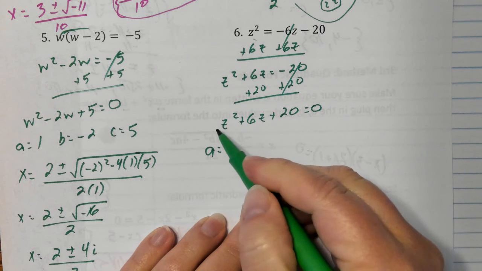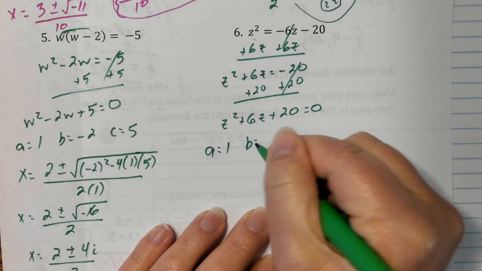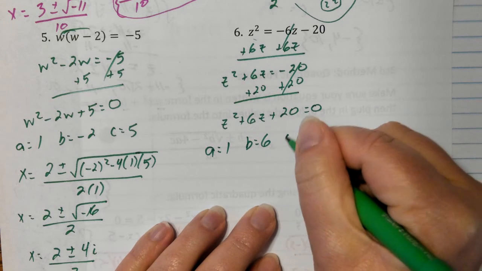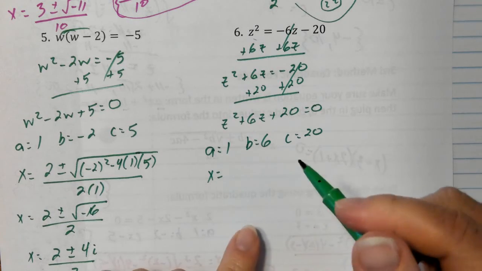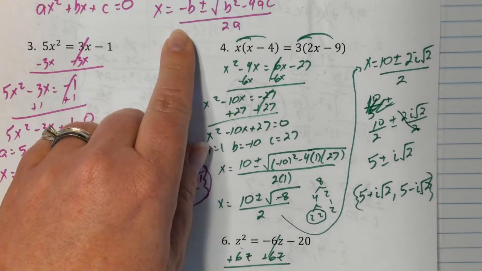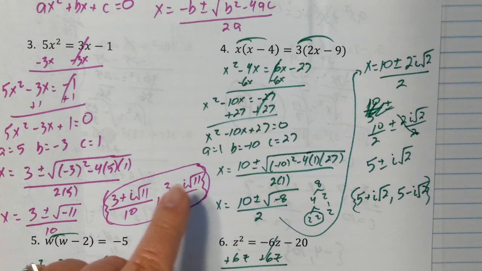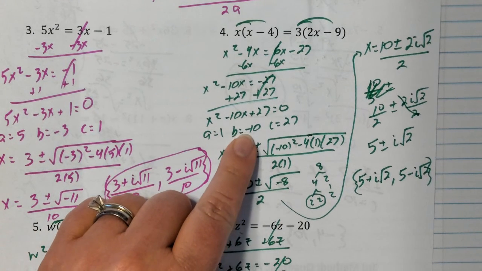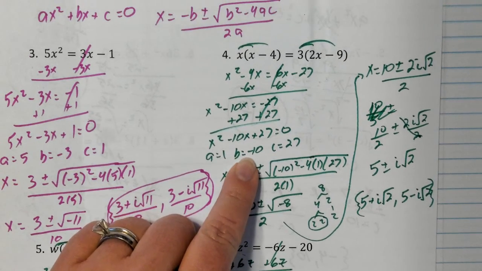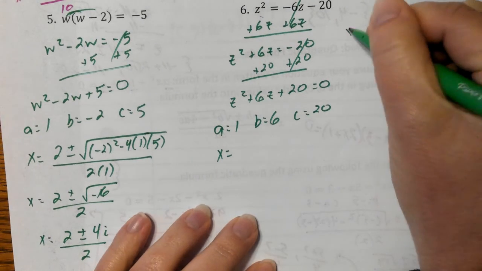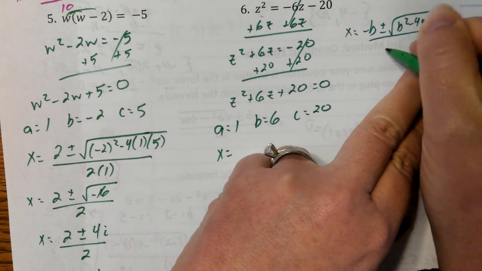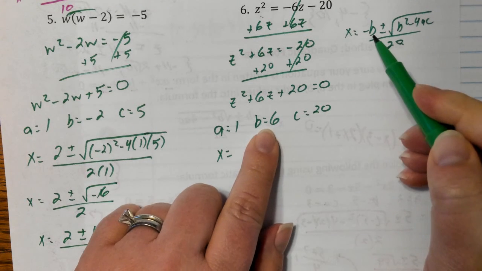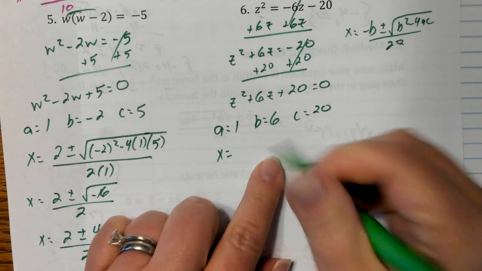Our a value is going to be 1, for the 1 in front of z squared. Our b value is a 6, and our c value is a 20. Plug those into quadratic formula. Notice, remember our formula is x equals negative b. So far, our b values have always worked out to be negative numbers. Like this here, the b was negative 10, so when we plugged in a negative b, we had a plus 10. Here's a time where our formula is negative b, but since our b is positive, opposite of b, or negative b, is going to be negative 6.